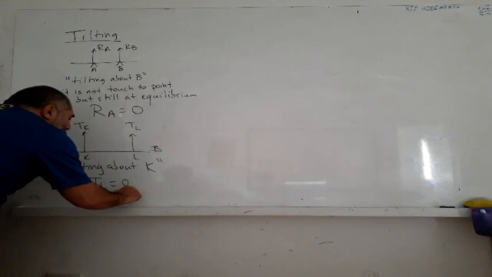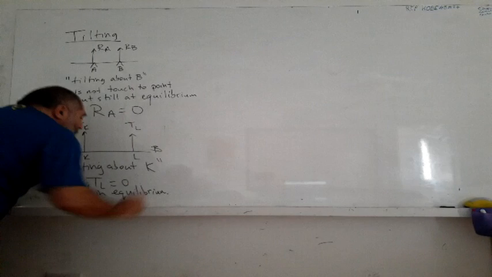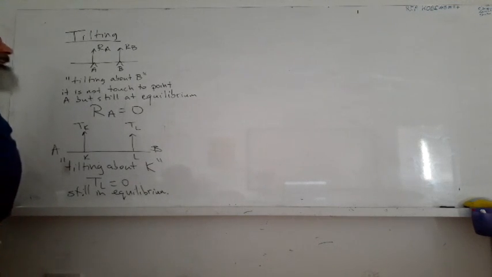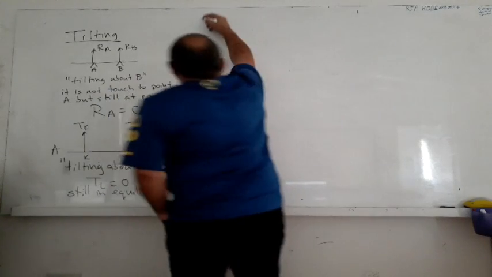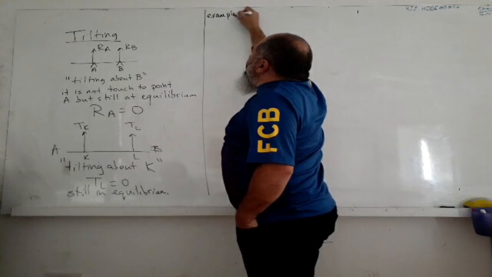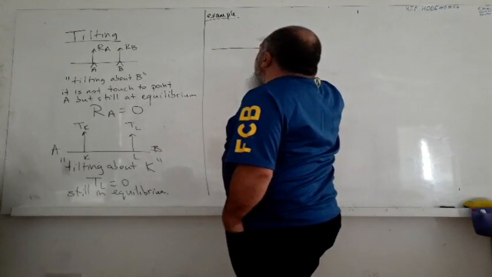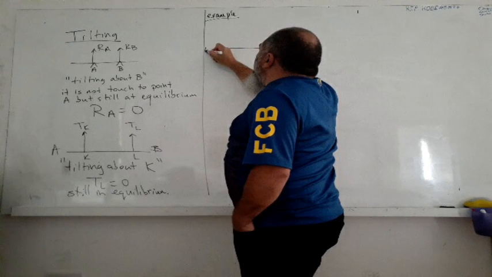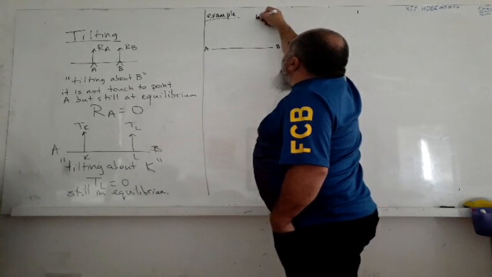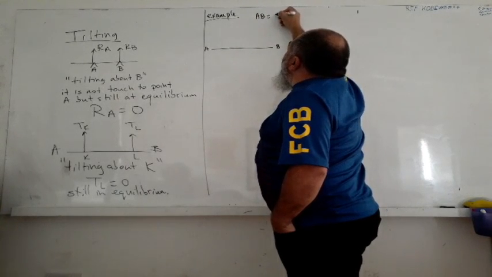Let's remember our last example. AB was the rod of length 8 meters. Mass of AB is 20 kilograms.